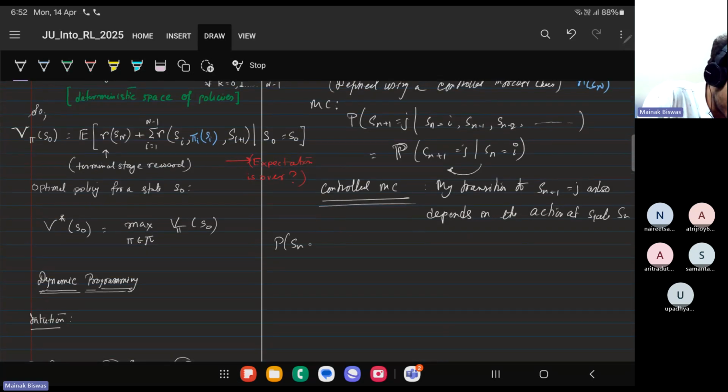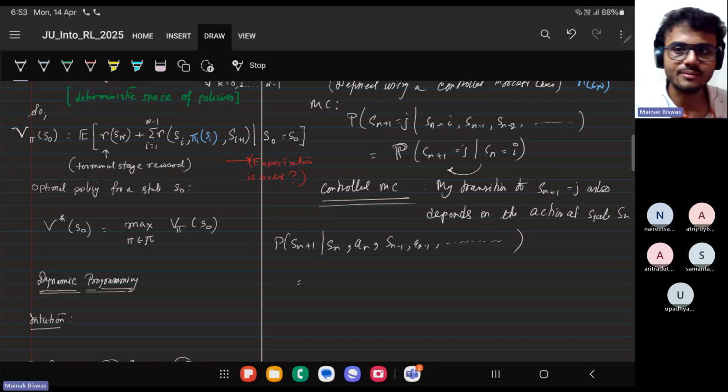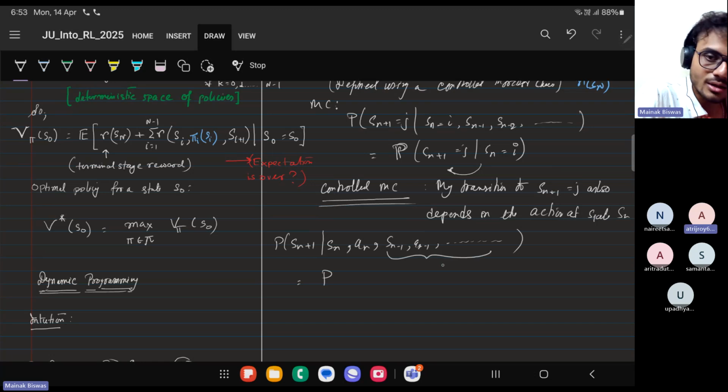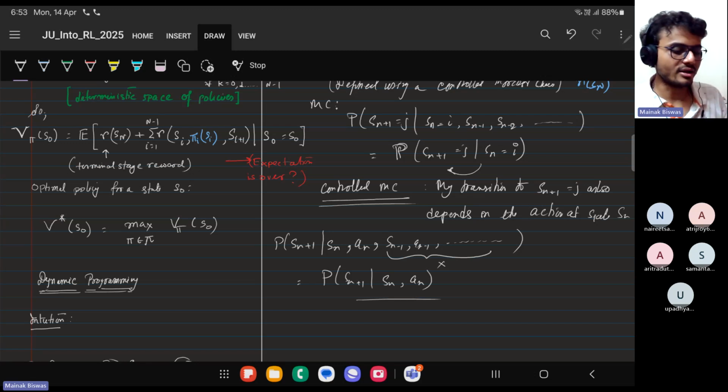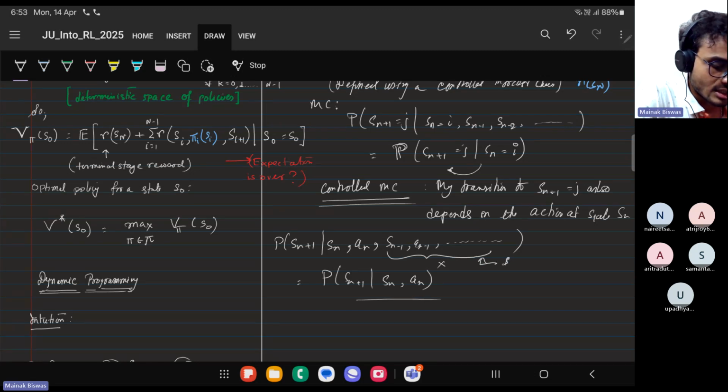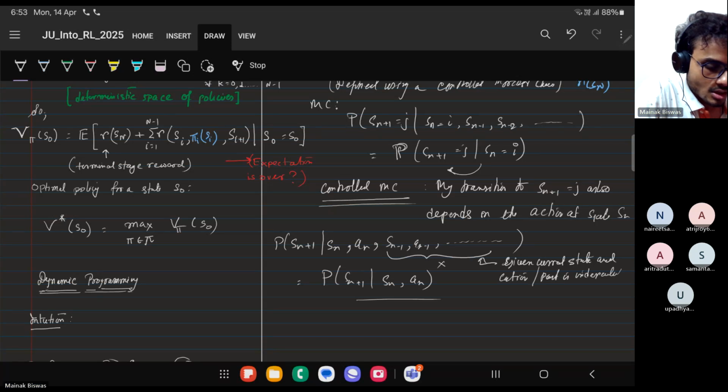The probability of Sn plus 1, I'm just using shorthand notation, not putting i's and j's over here, given Sn, An, Sn minus 1, An minus 1, and so on, is the same as, can anyone tell me what it will be? Same idea. It's independent: probability of Sn plus 1 given Sn and An, and the rest of it is independent. Given the current state and action, the past is independent. Okay.